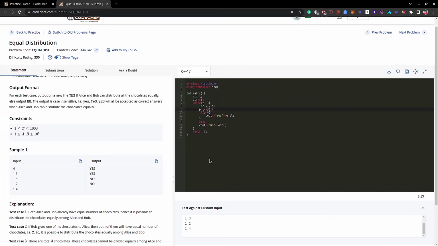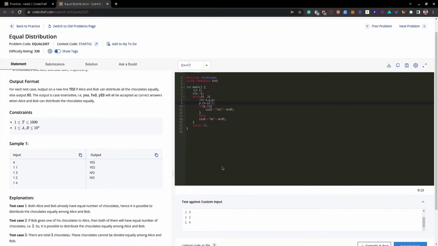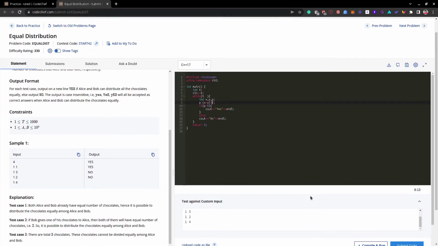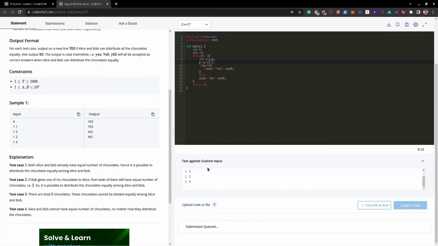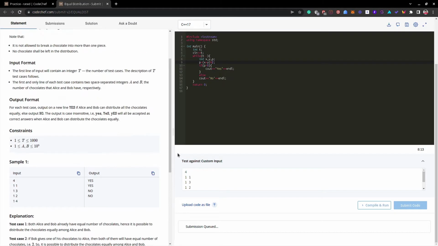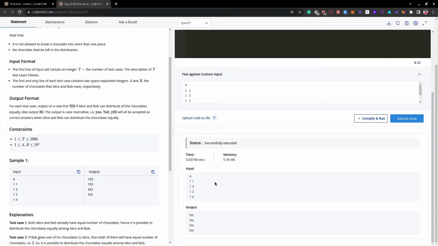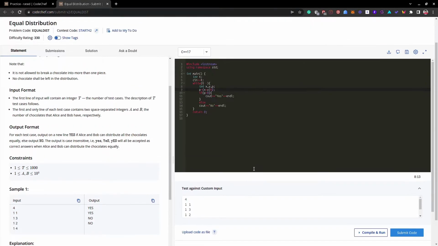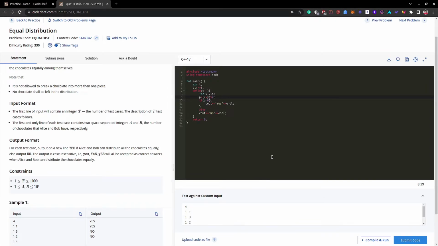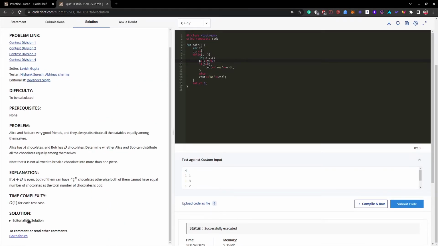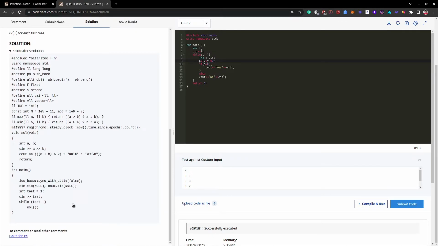I think it should be remainder, not divided. I don't know why it's flickering. Okay, it's all no now. So what is the problem with it? I really don't understand, so let's see the solution here. The main thing is they are taking input for two numbers, and they are doing the same thing.